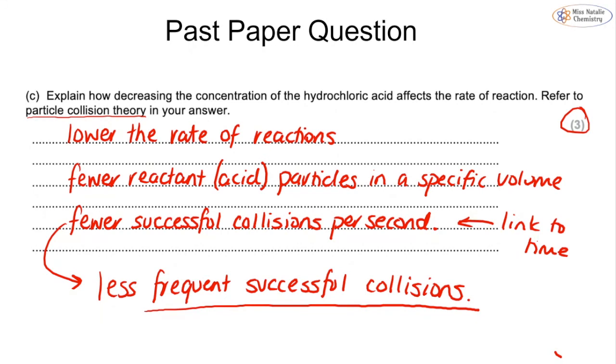So it's about linking how many successful collisions you have and linking it to a time. That is how you answer a particle theory question, and they will almost always be 3 marks. So you say what happens to the actual rate, you explain the effect, and then that either increases the frequency of successful collisions or it decreases the frequency of successful collisions, and that is your 3rd mark.